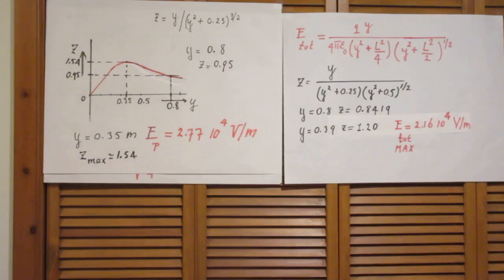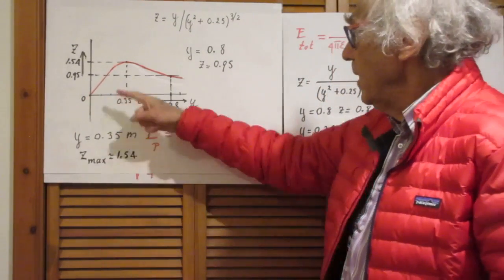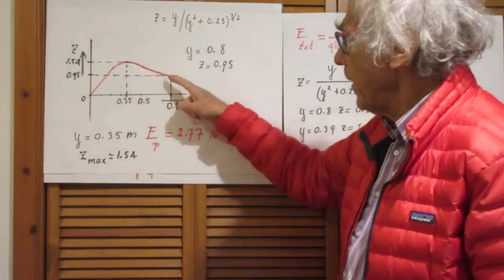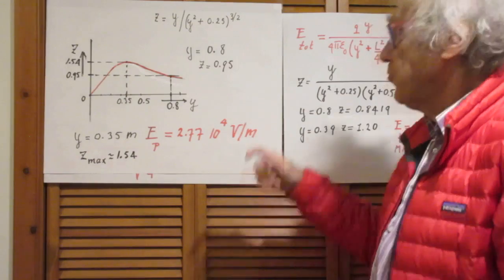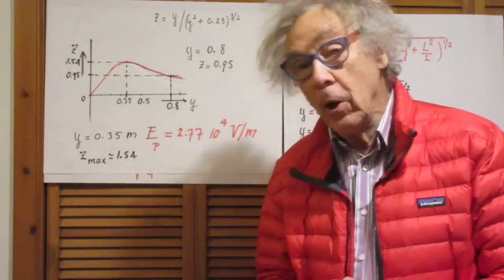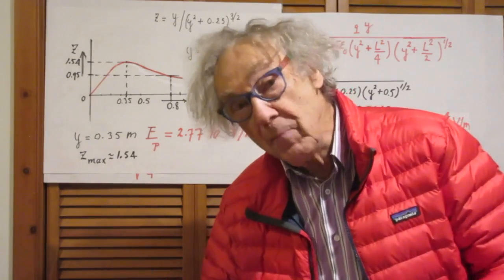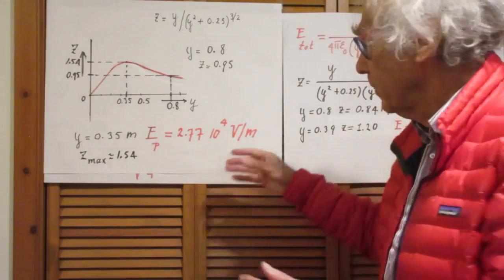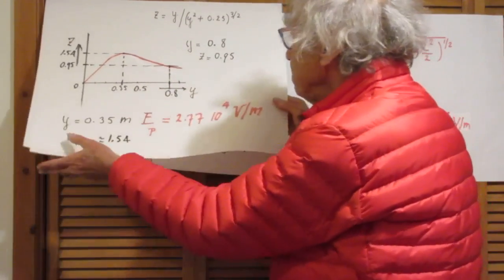But again, you will see that at y equals 0, it goes through 0, and at y equals infinity, it goes back to 0, and somewhere here there is a maximum. But since the geometry is different for the squares, it's a different curve. But it looks very similar on Wolfram. I just want you to see the shape again. Don't look at the numbers, but keep the shape in mind.